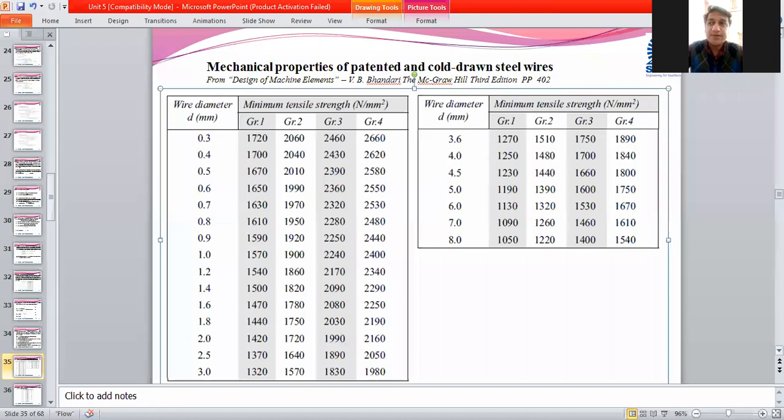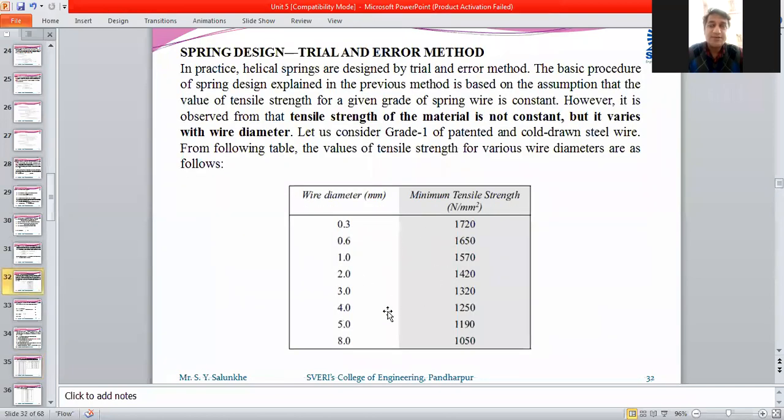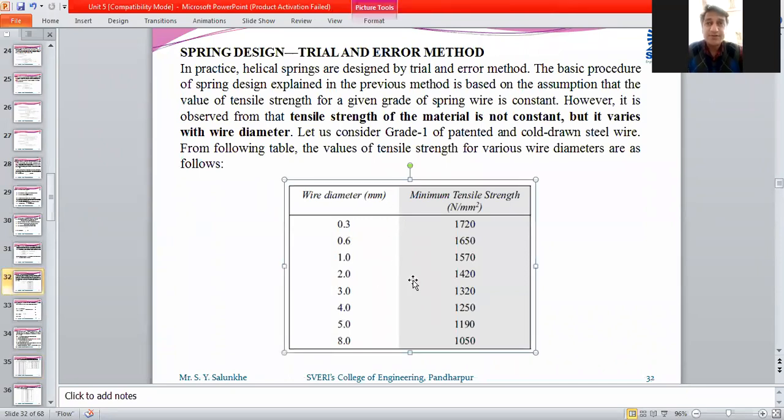You can use that for reference, and later give the reference for your design when you design a spring by the trial and error method. Part of this table we have discussed previously to understand what the procedure is and why we are doing it. This is only part of that particular table.